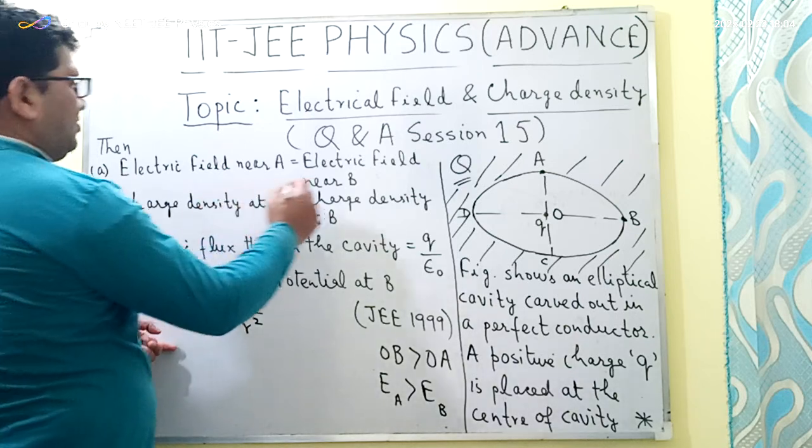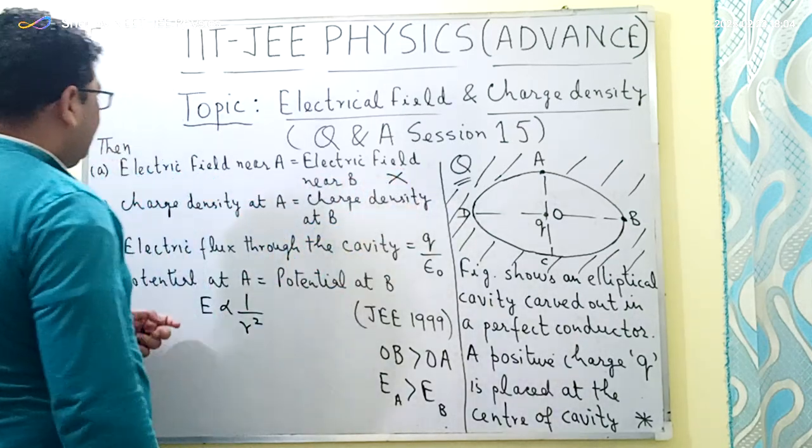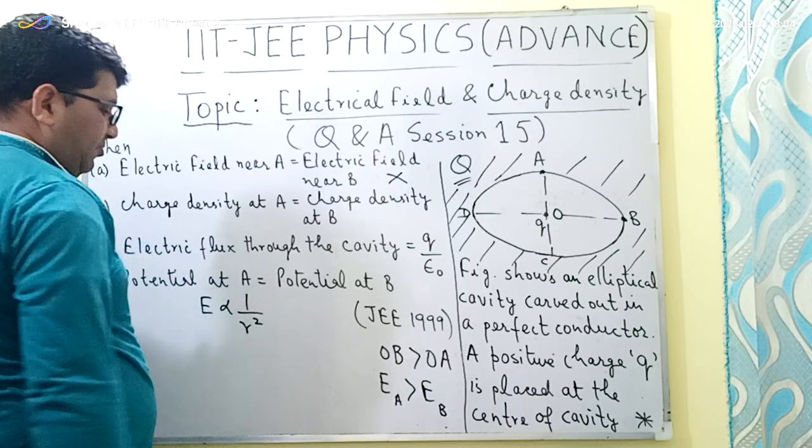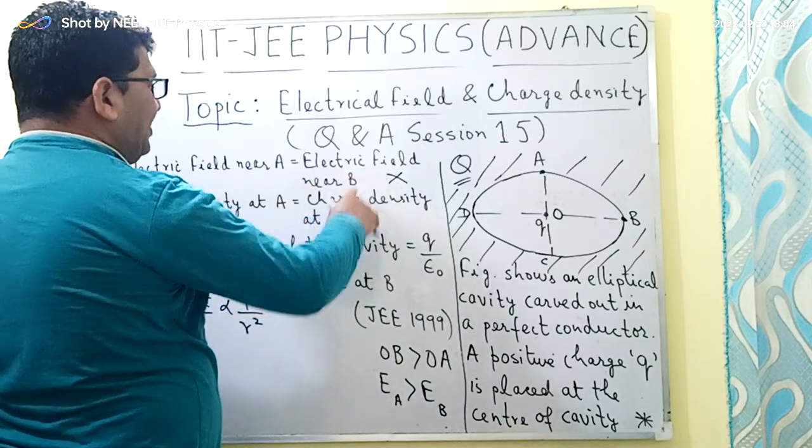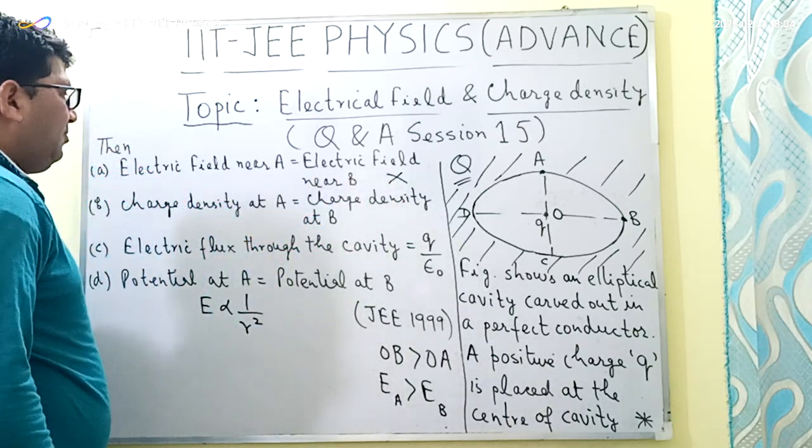So this option is wrong. Here in this case the electrical field near A will be greater than the electrical field near B.